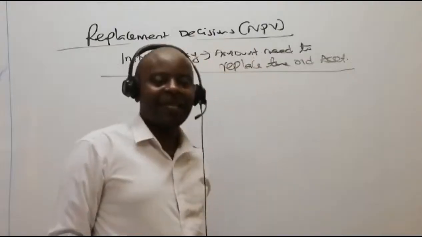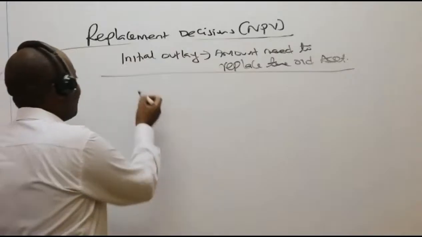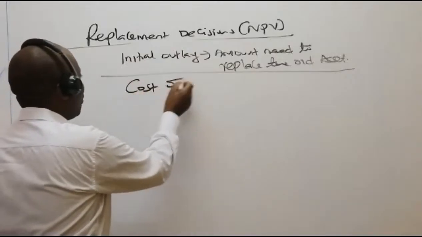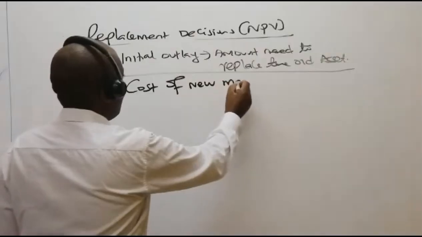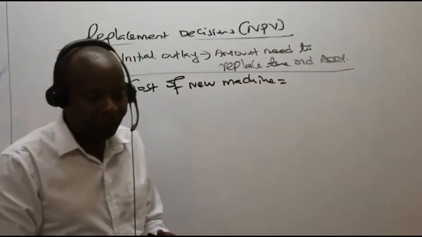This is easy, very easy, because I look at the cost of the new machine. So we have here cost of new machine. So the cost of the new machine, ladies and gentlemen, what do we have here?